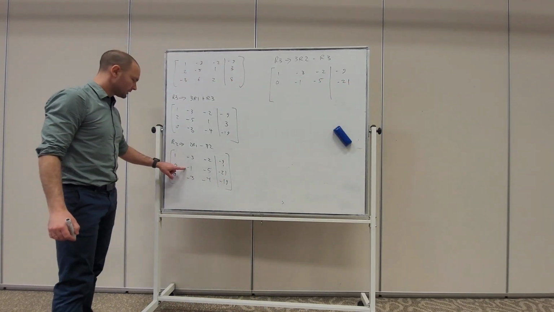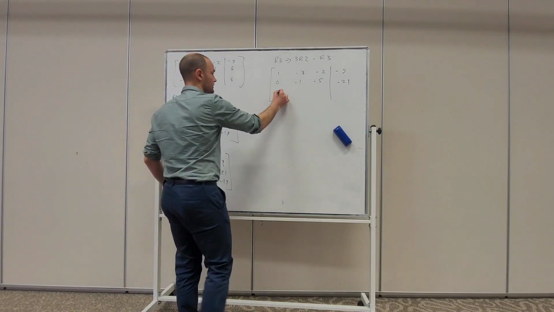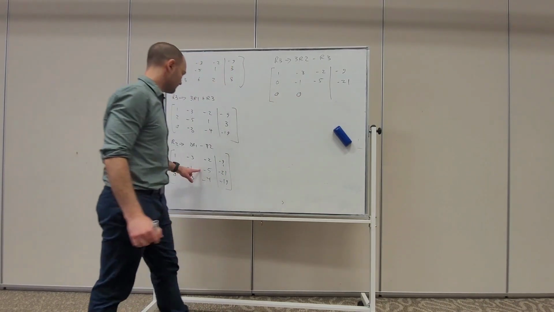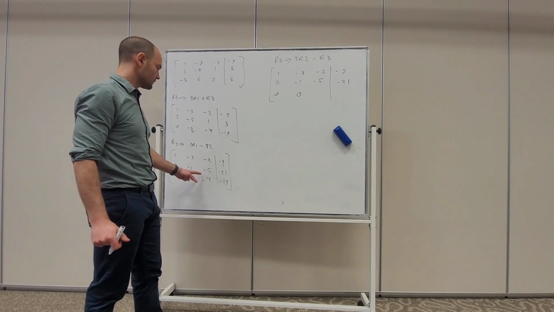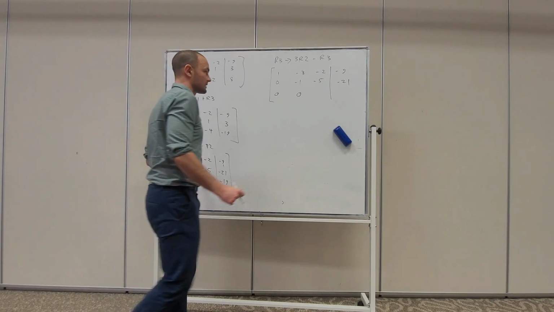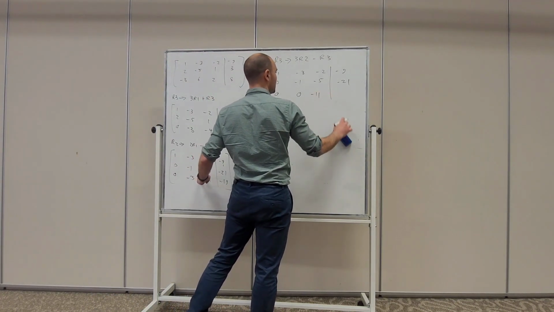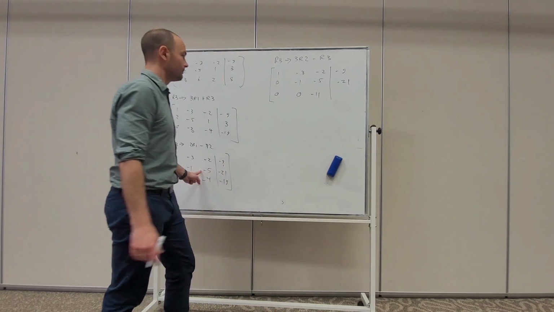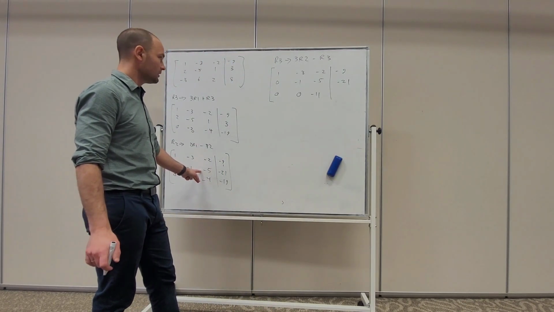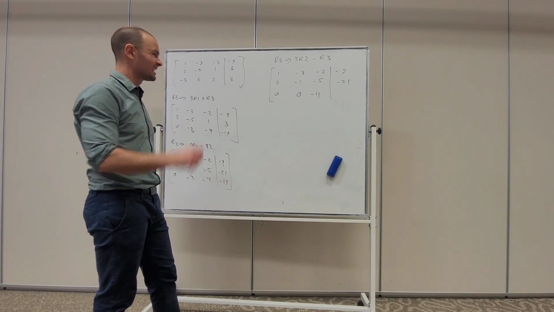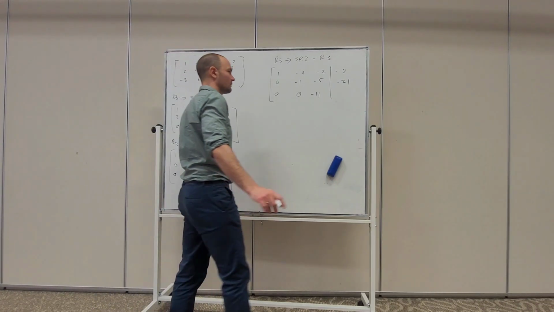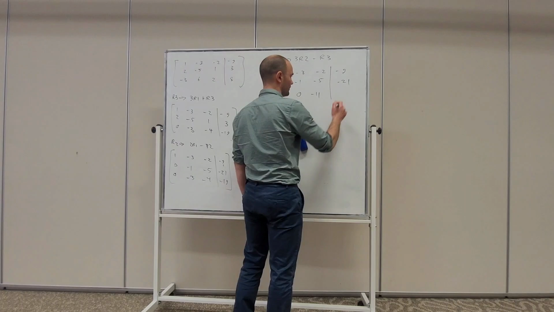Take minus 3, that becomes 0. Then we have minus 15, take away minus 4, so that's going to be minus 11. And then minus 63 plus 19. Minus 63 plus 19, minus 44.